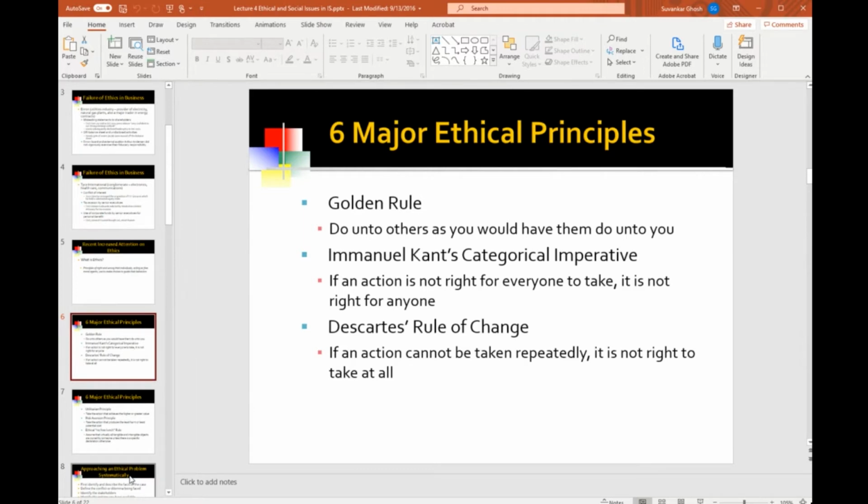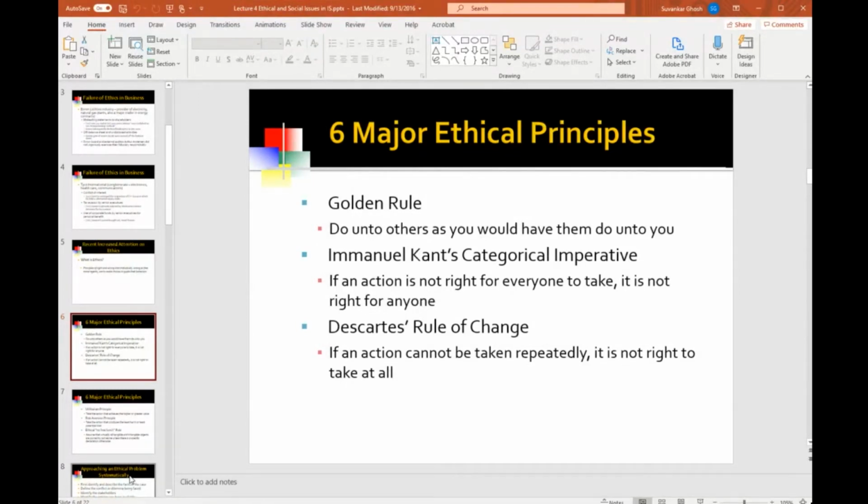If everybody starts to text and drive on this highway, you will have 20-car pileups. So if you think from that perspective, what if everybody on this road starts to text and drive, you can only conclude that you should not text and drive yourself. That too would dissuade you from texting and driving. That's looking at it from Kant's categorical imperative.